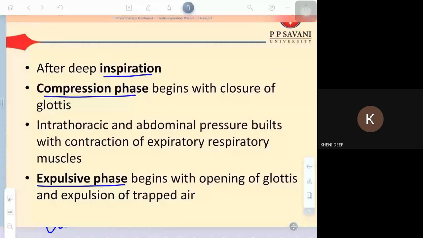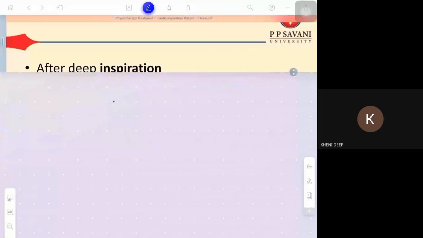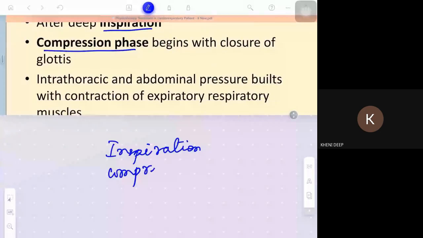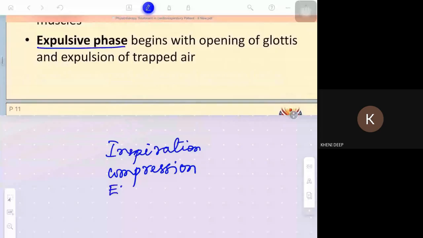So after deep inspiration, listen carefully: inspiration, compression, and expulsion.